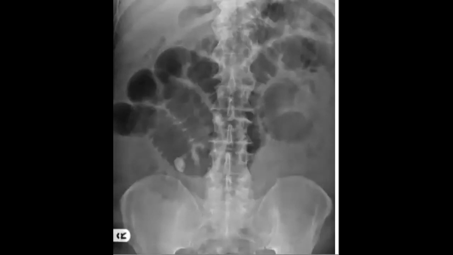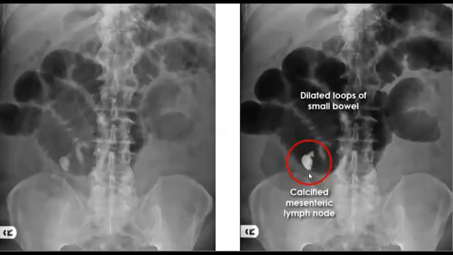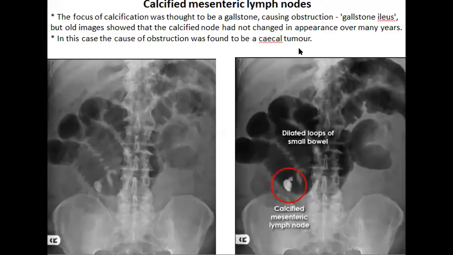So this is a good differential for this case. And actually this case was calcified mesenteric lymph node as well. And the obstruction of this case, surprisingly, was a cecal tumor. But I mean the approach is good, that you think about gallstone ileus.